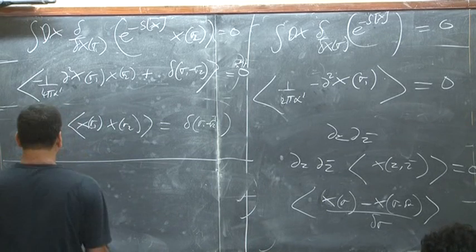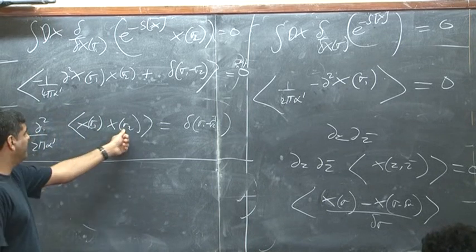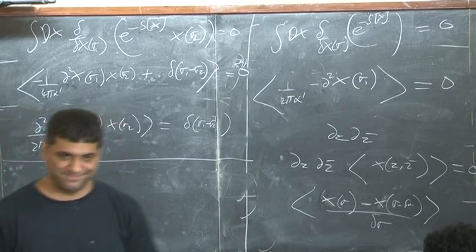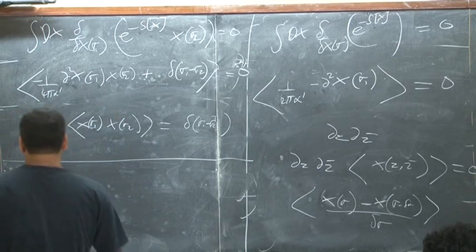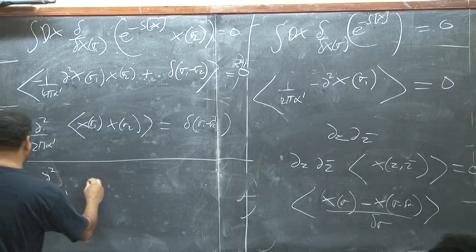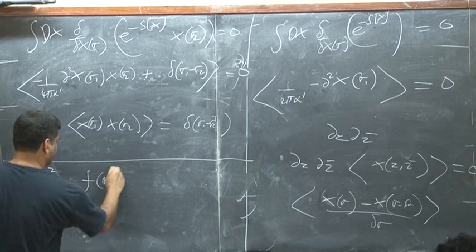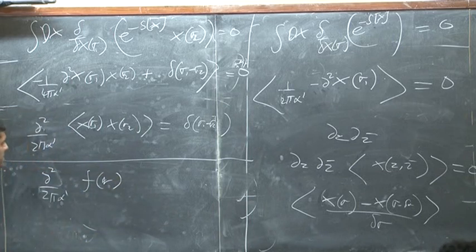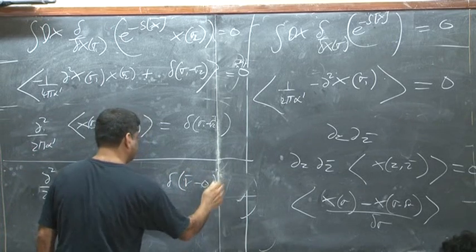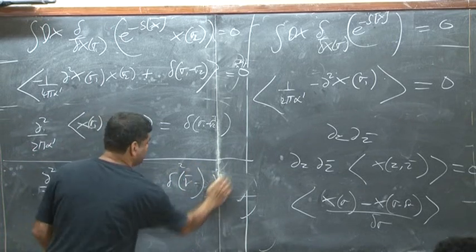Okay? So, let's move sigma 2 to the origin. Let's call the mod of sigma 2 r. So this is del squared by 2 pi alpha prime on some function of r. We have to figure out what that is equal to: delta of r minus 0, delta 2 of r.